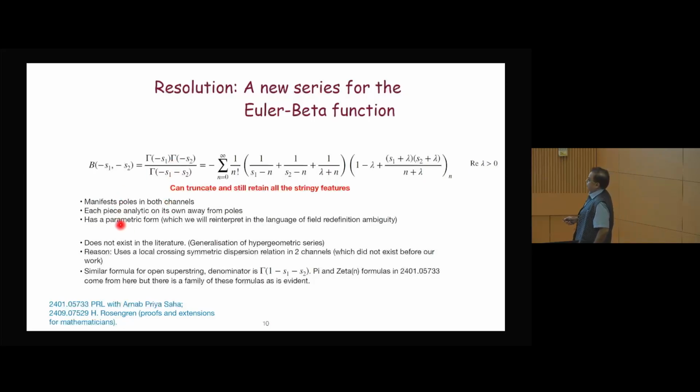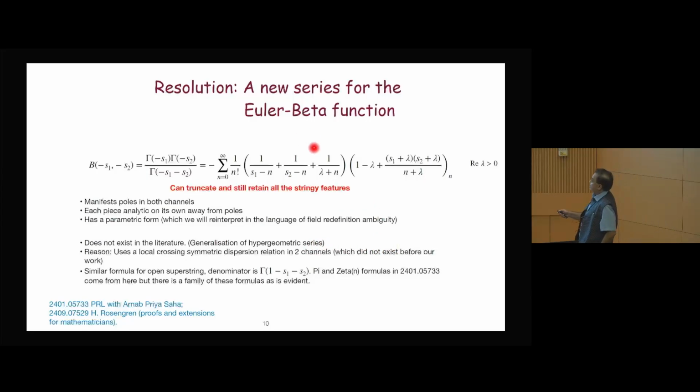So I have already mentioned these 3 points. The other points that I should emphasize is that this kind of series representation does not exist in the mathematics literature, and this forms a generalization of the hypergeometric series. The reason it does not exist is because we use a local crossing symmetric dispersion relation in 2 channels, which did not exist before our work.